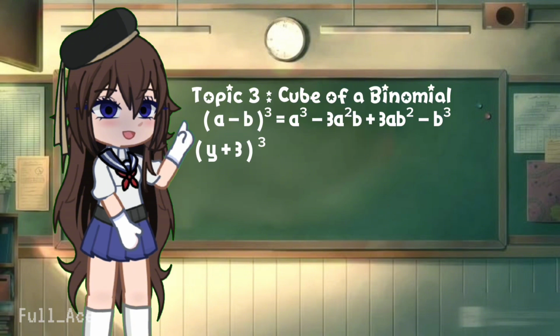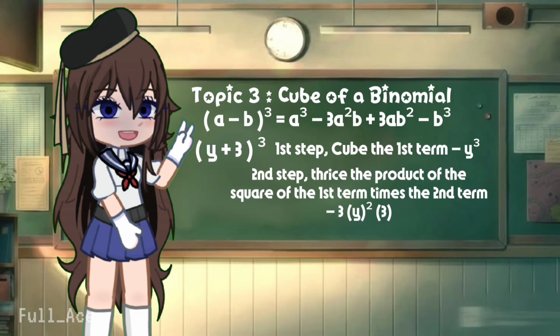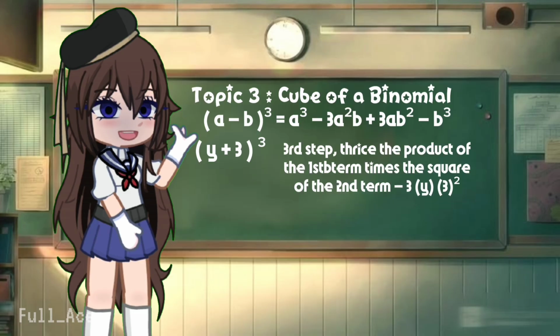y plus 3 raised to the power of 3. First step, cube the first term, y cubed. Second step, thrice the product of the square of the first term times the second term. So 3 multiplied by y squared multiplied by 3. Next step, thrice the product of the first term times the square of the second term. So 3 multiplied by y multiplied by 3 squared.